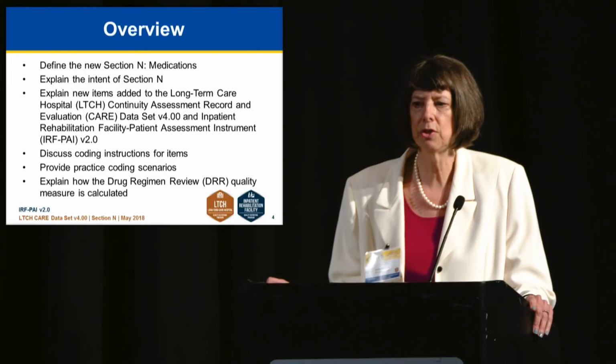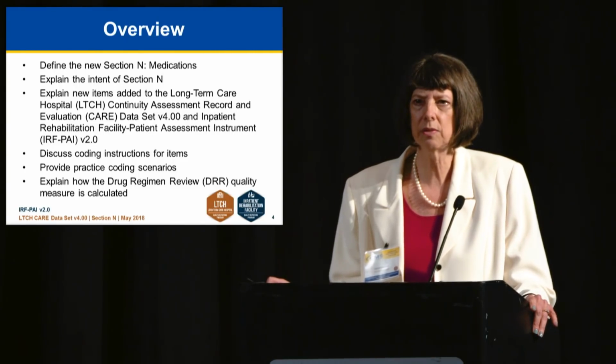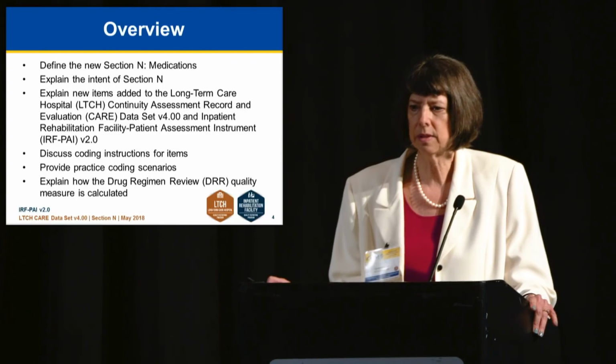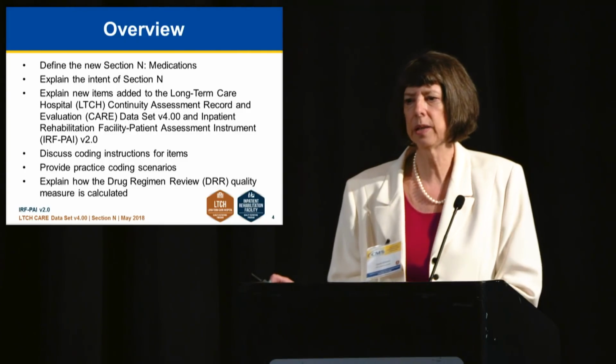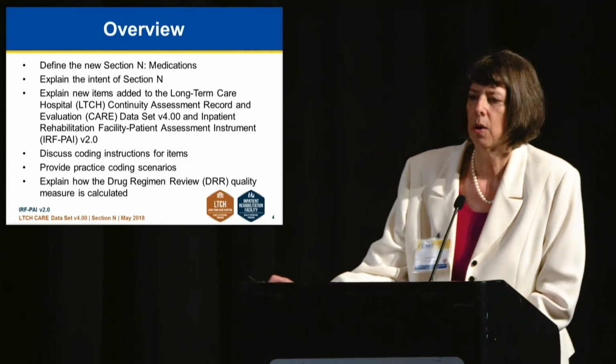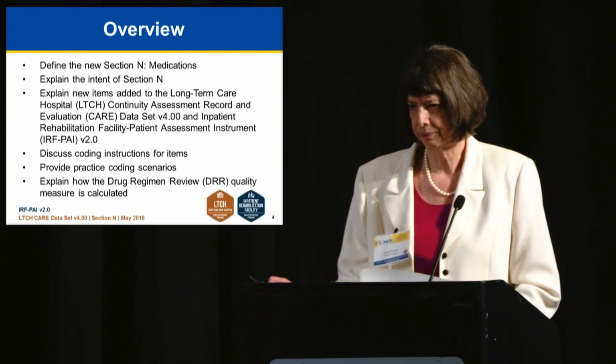This will be in version 2. We'll be discussing the coding instructions for each of these items, there are 3, and provide practice codings, as I mentioned, for the scenarios. And then finally, we'll explain how the DRR quality measure is calculated.